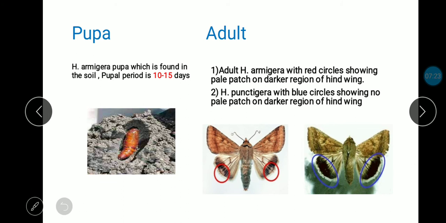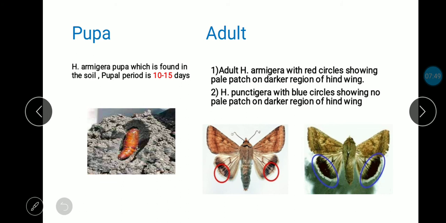There are two Helicoverpa species. Adult Helicoverpa armigera, which is seen in the first diagram, has red circles on its hind wing. It is an identification mark, a differentiation mark between Helicoverpa armigera and Helicoverpa punctigera.